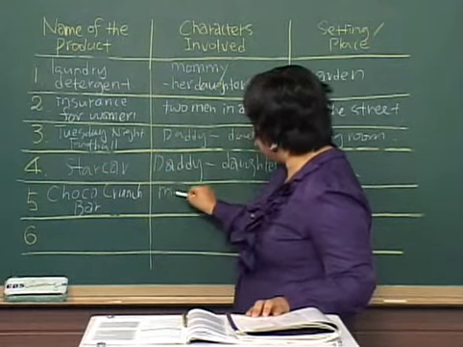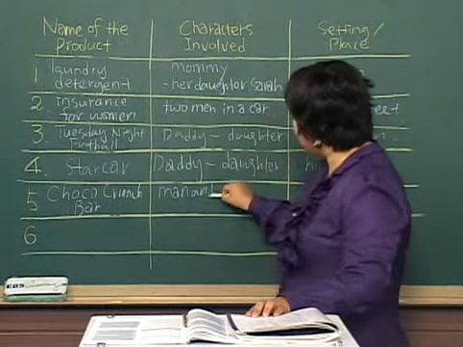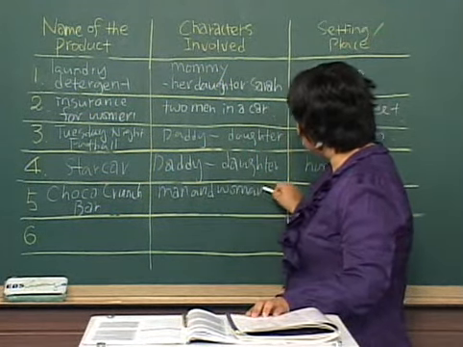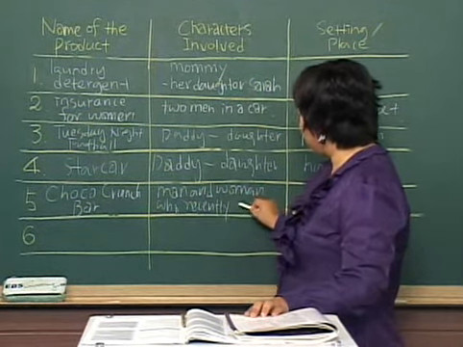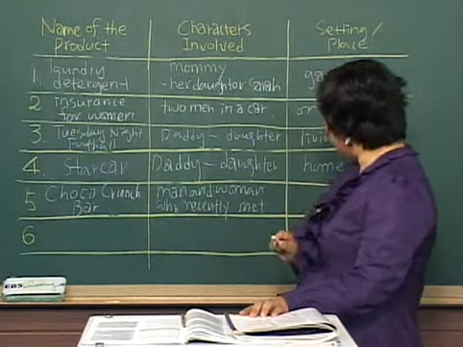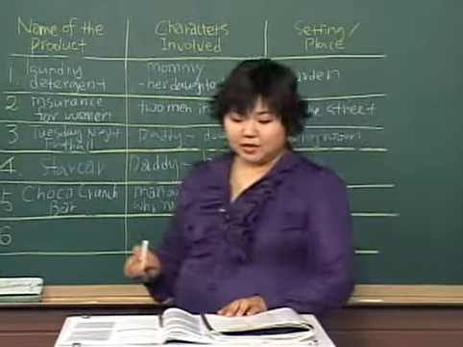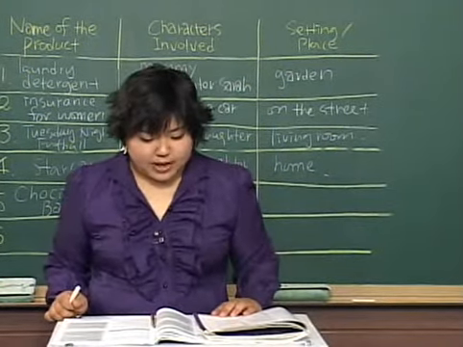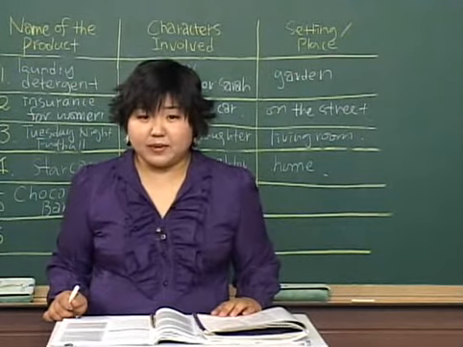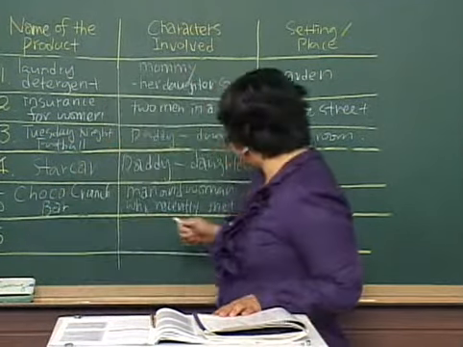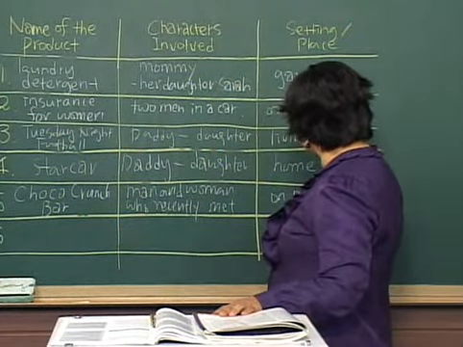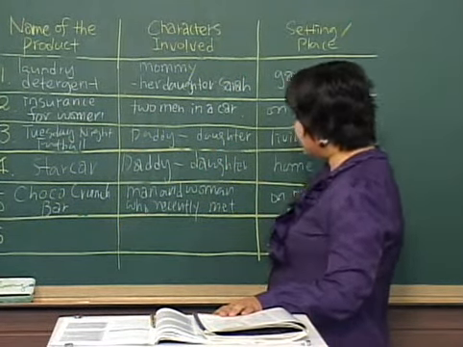So, man and woman who recently met. Okay? And certain place? Okay, where's the place? Well, it can vary, right? But one obvious thing is they're talking on the phone. So, on phone is the answer.